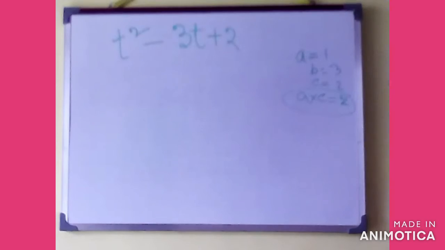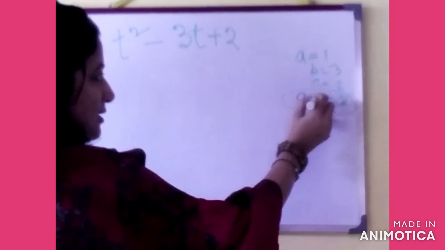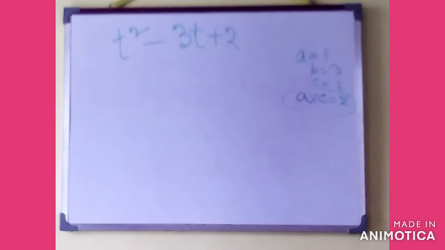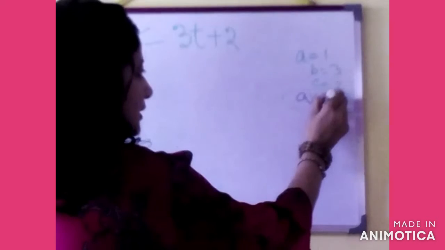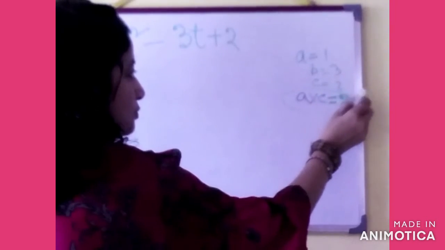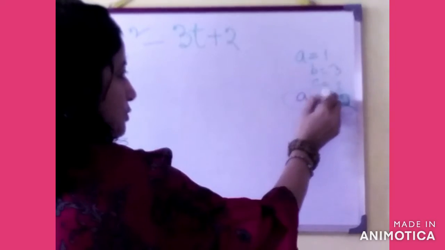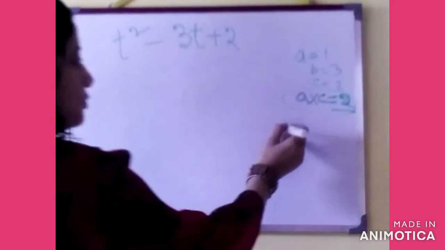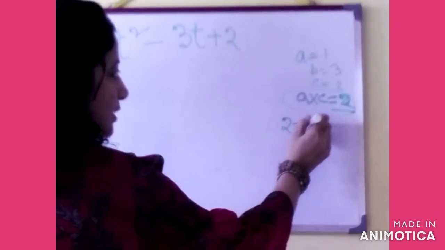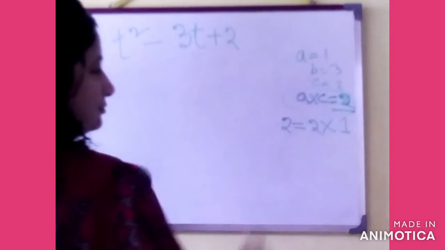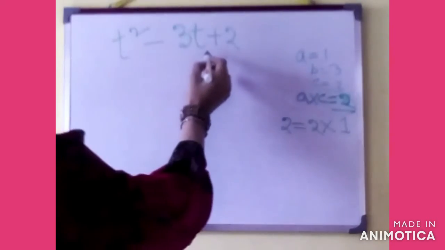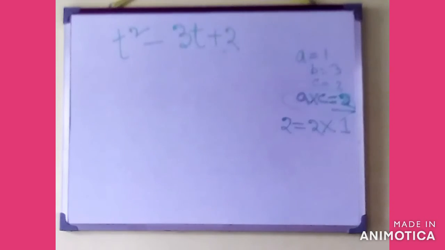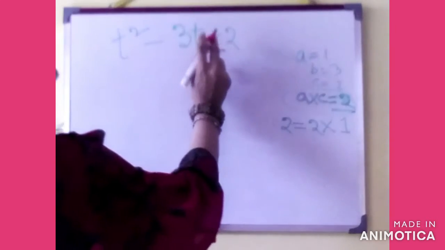So a into c is equal to 2, just 2, but 2 is a prime number, so it has only one factorization, 2 into 1. And the operation will be addition here.